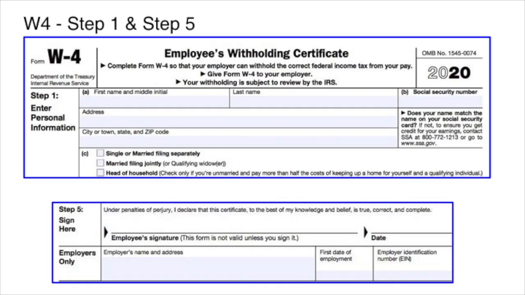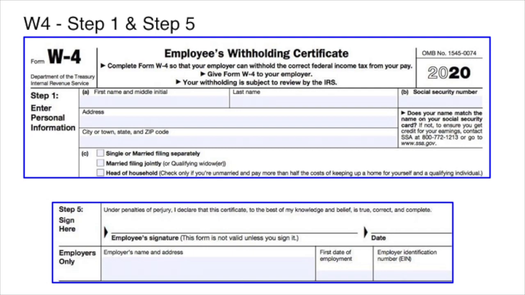As I said, step 1 and step 5 are the only mandatory steps. So let's look at step 1 first. Step 1 is for the employee's personal information and his or her anticipated filing status to determine the standard deduction and tax rates used to compute withholding.